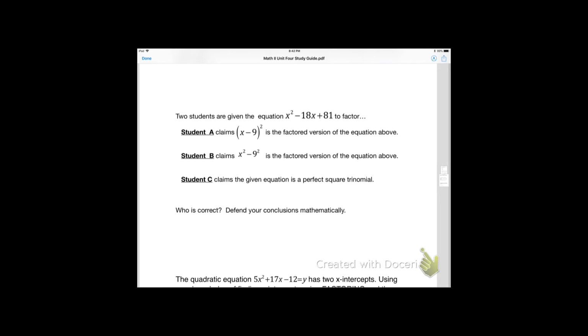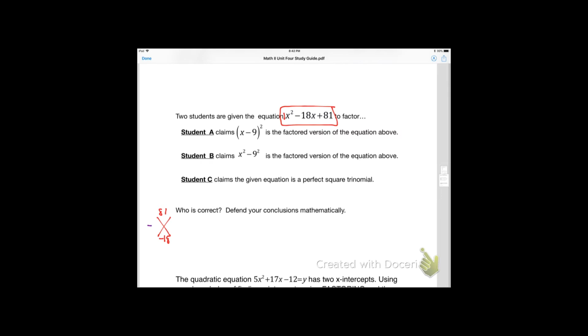So defending it mathematically means that we have to go ahead and solve this out. So if we're looking at our quadratic here, A is already 1, so we can go straight to doing our diamond. So what multiplies to 81 and adds to negative 18? We're looking for those two numbers there.